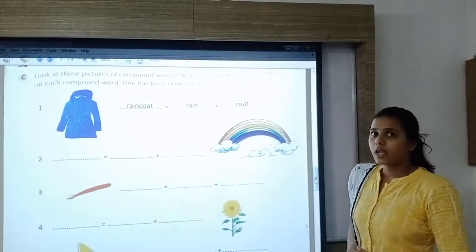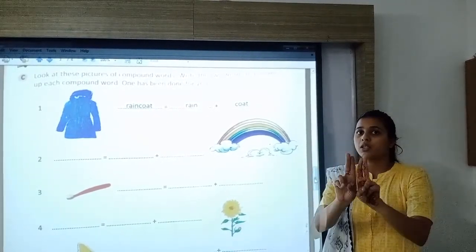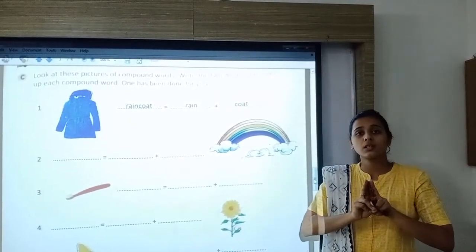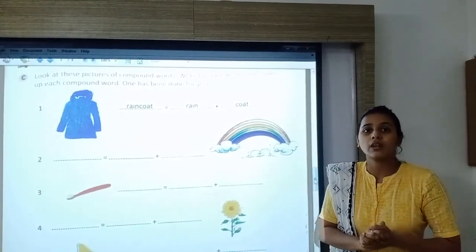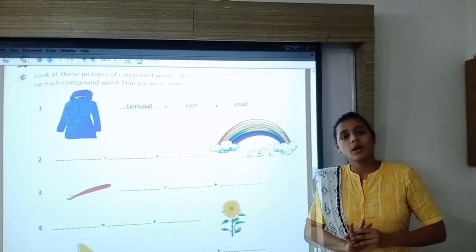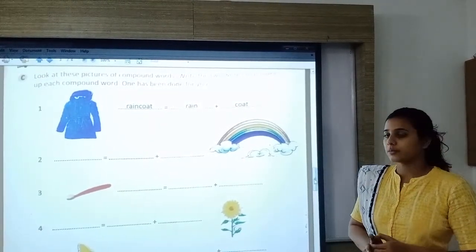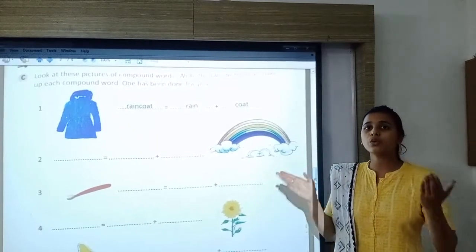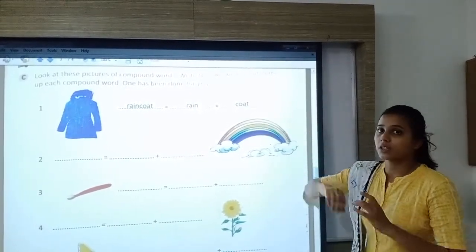Now, we have to find two words. If we join these words, it will make a new word with a new meaning. So, that will be formed as a compound. Now, we have to make compound words by joining two different words. So, the first one is given to you.